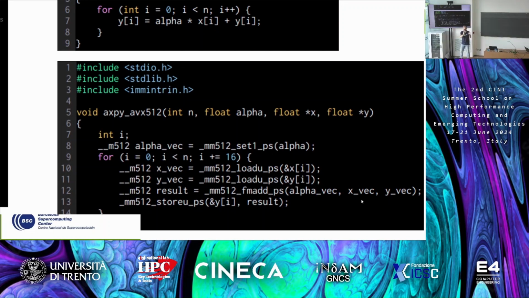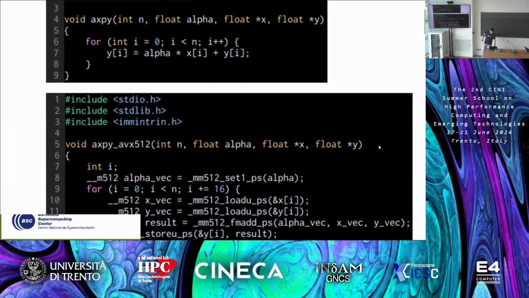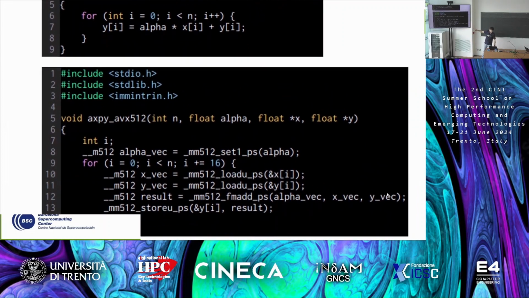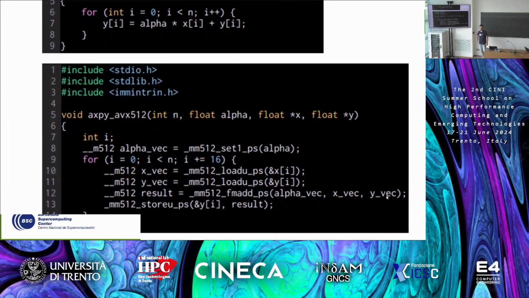So I'm taking a chunk of 8 data and I'm putting it back to the memory, okay? And that's basically the same code that you have here on top, that is written scalar, but is written with vectors. So tell me benefits and drawbacks of this implementation.